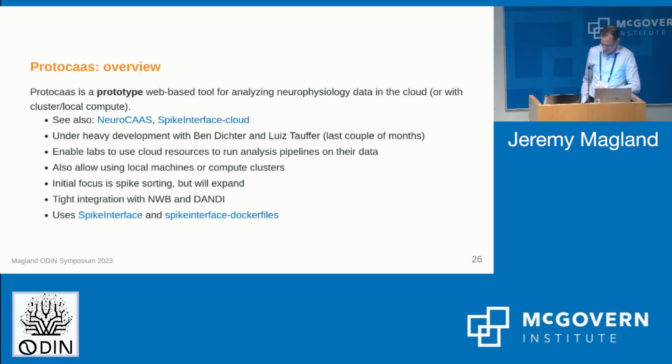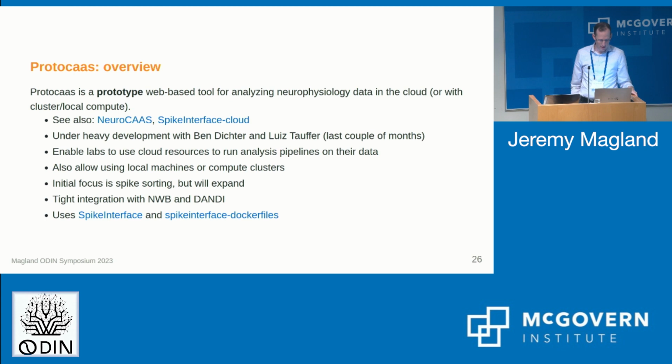Okay, so trying to go quickly through here. Protocast is, as I said, a prototype web-based tool for analyzing neurophysiology data in the cloud or with local compute resources. Other similar projects are Neurocaas and SpikeInterface Cloud. It's under heavy development now jointly with Ben Dichter and Luiz Tauffer at CatalystNeuro.